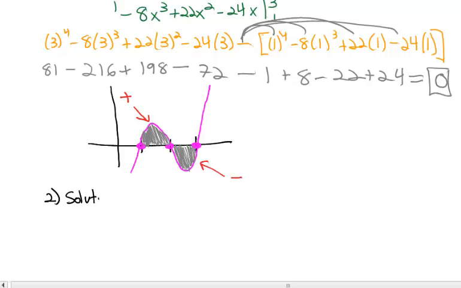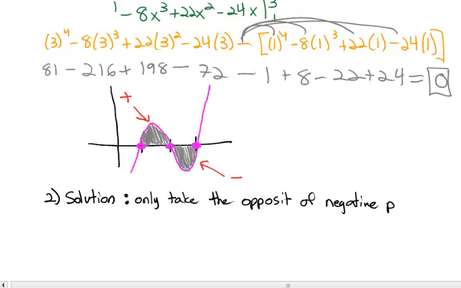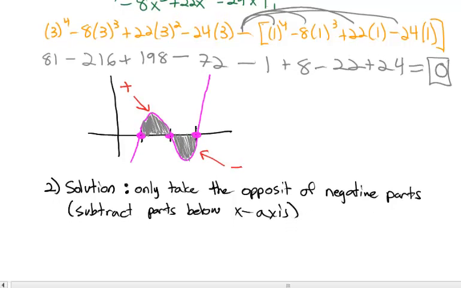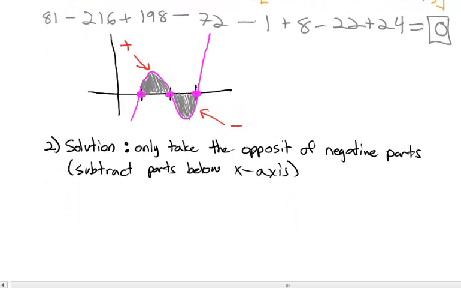The solution to this problem is going to be to only take the opposite of the negative parts. In other words, we are subtracting, which is the opposite, parts below the x-axis.